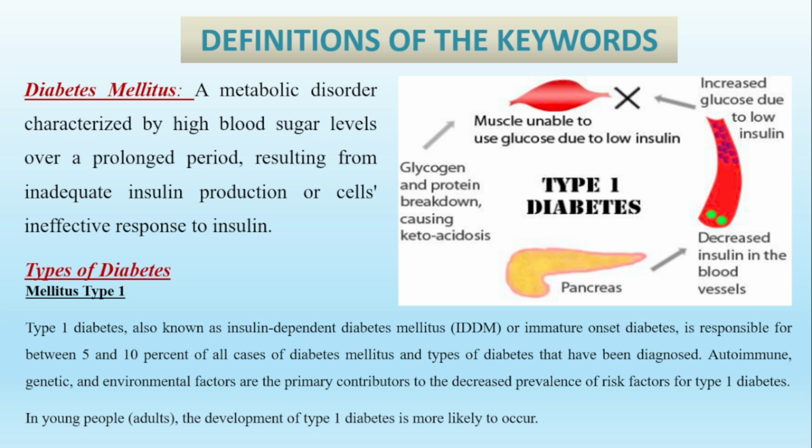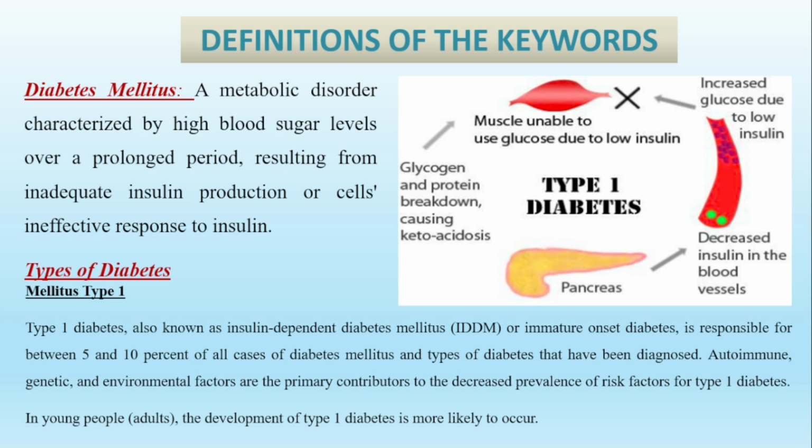Now, the types of diabetes. First is diabetes mellitus type 1. Simply, in type 1 diabetes, the body does not produce insulin. We can say insulin-dependent diabetes mellitus.